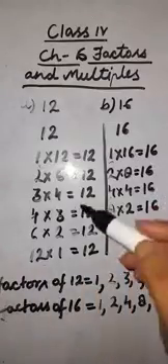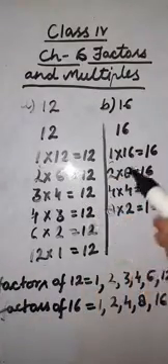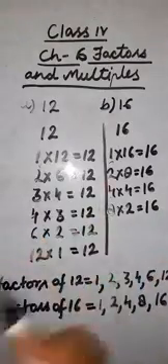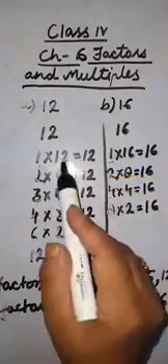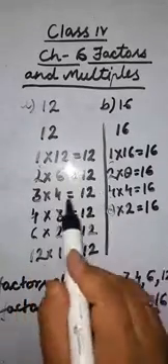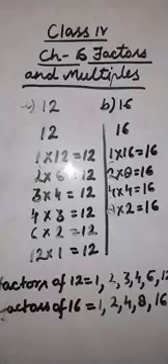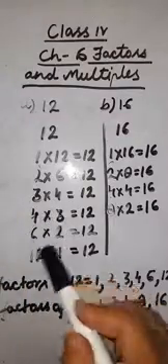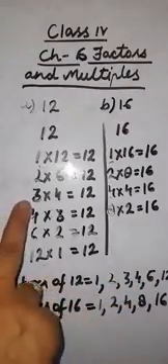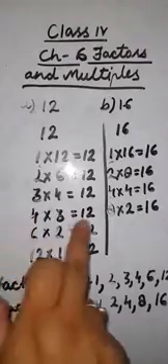We can write it in this way and in this way. Both ways are correct. We have written here like 1 multiplied by 12 is equal to 12. 2 6s are 12. 3 4s are 12. Now we will not repeat it again because we are only changing the order of these numbers. Here we have written 3 4s are 12. Now 4 3s are 12.